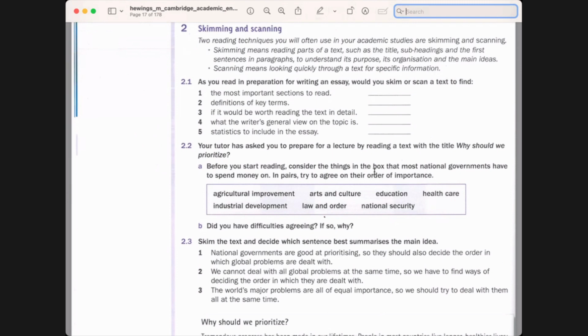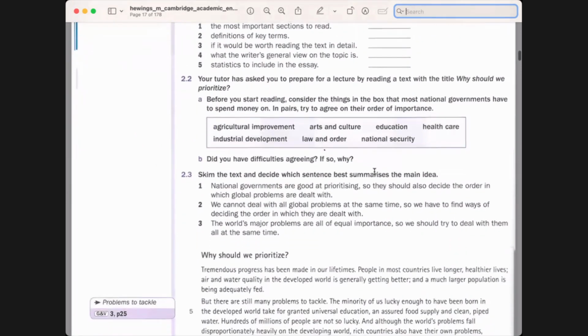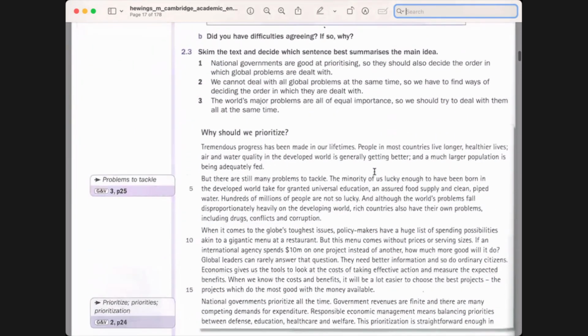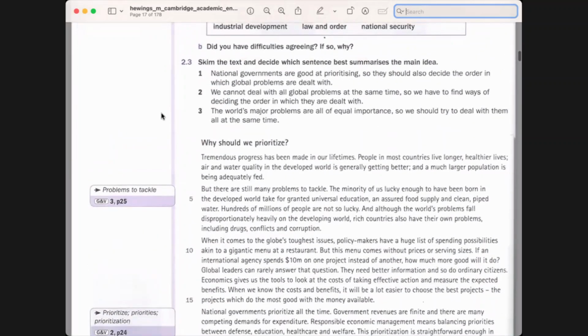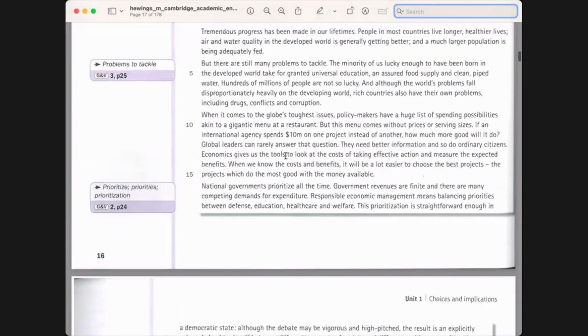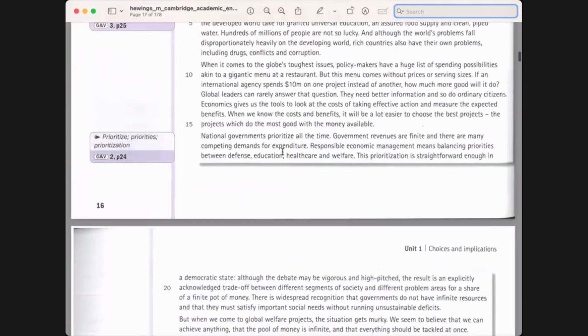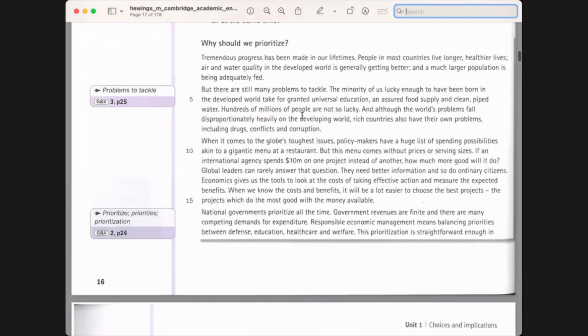So the next one, what we'll do, we have to skim the text. Why should we prioritize? To skim, you know, like the first sentences or something like that. But I don't know how to make it.